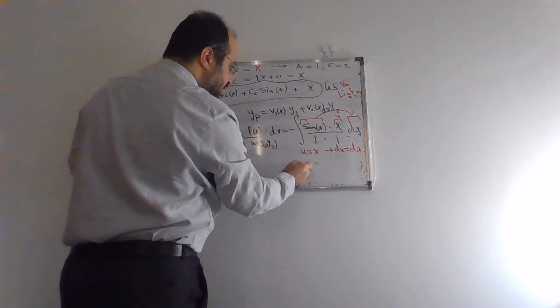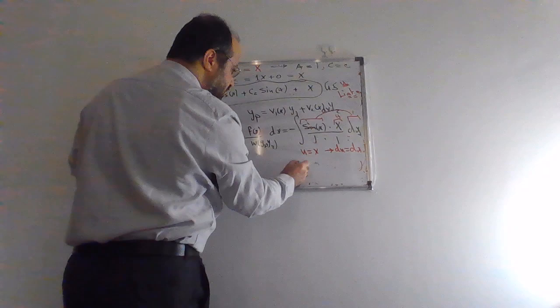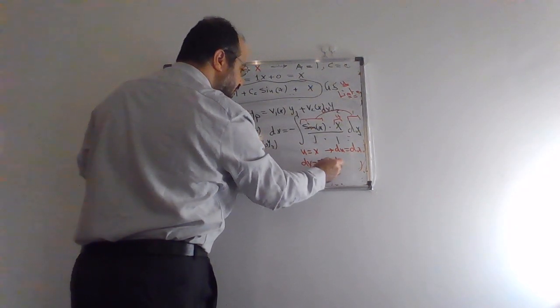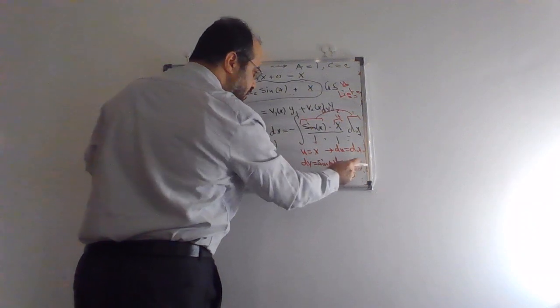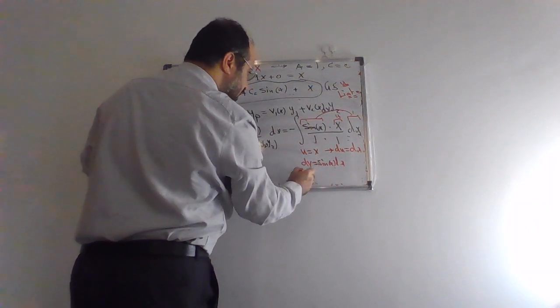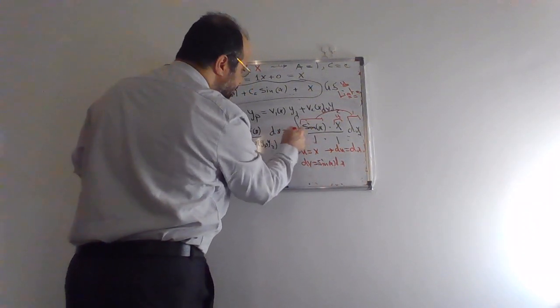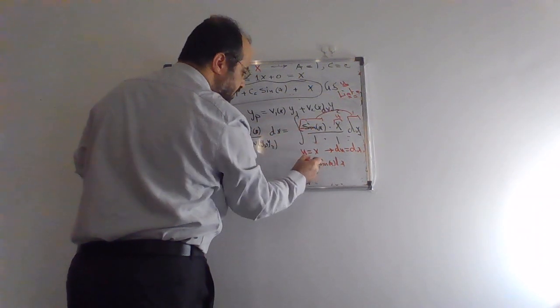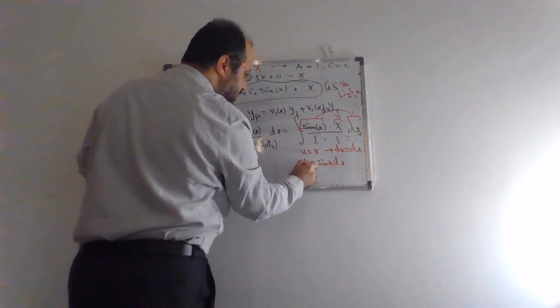Then the other one is dv equals sine x dx. I can take the minus with that thing, and then I'm going to have that minus here.